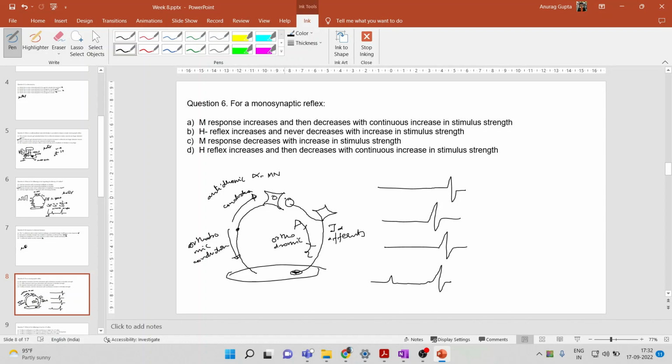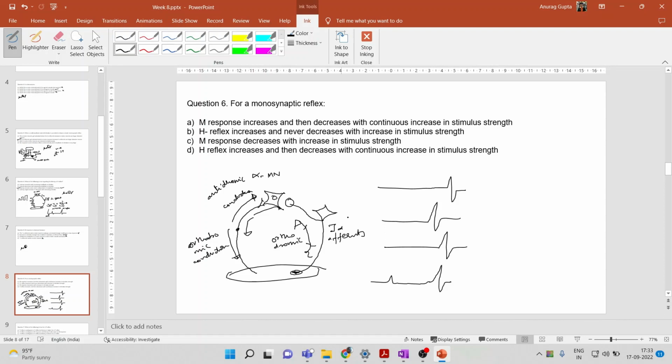So the action potential, the excitation caused due to the 1A afferents in the alpha motor neuron, and the antidromic conduction of the action potential both meet at this particular location and they extinguish each other due to the refractory period. So both of them cannot travel forward. This cannot go further here, and the action potential caused due to the 1A afferents cannot go further down.